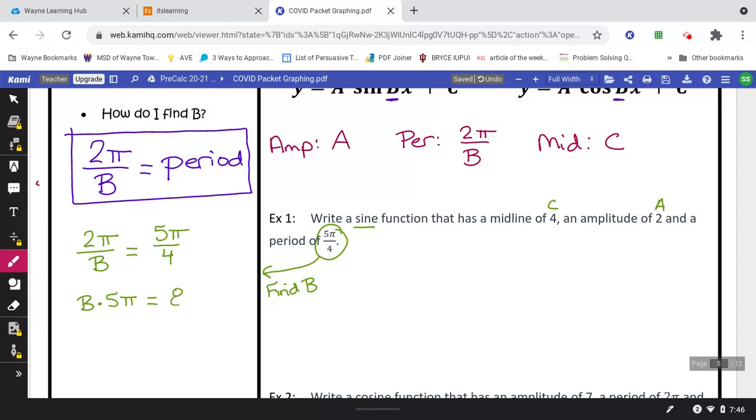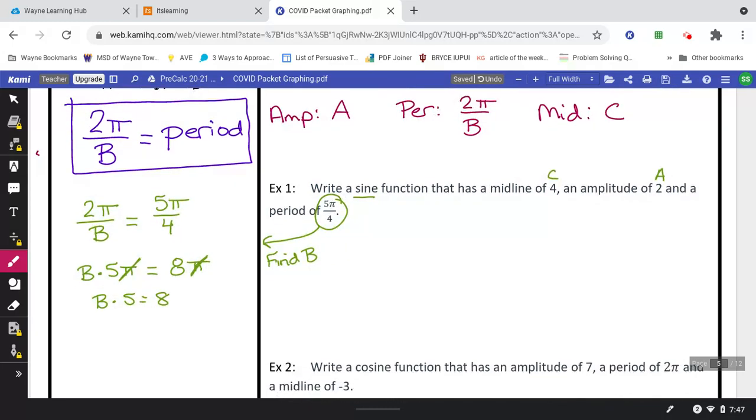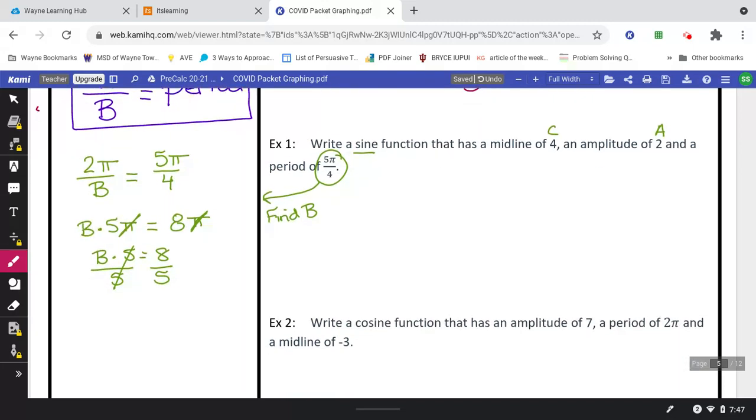I'll go ahead and multiply that to get 8 pi. Now, if you notice on each side that you have a pi, you can actually cancel those out right away. So now I have b times 5 equals 8. And we want to get b by itself, so we'll divide by 5. b equals 8 over 5.